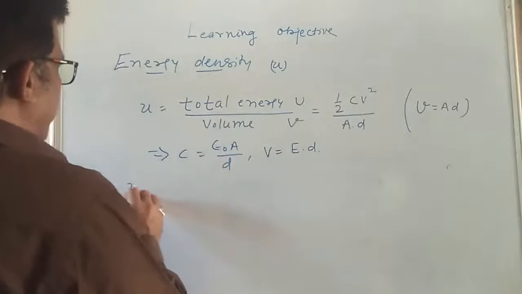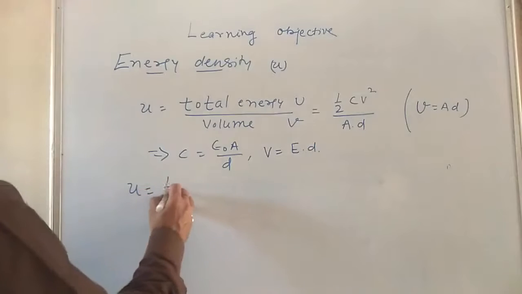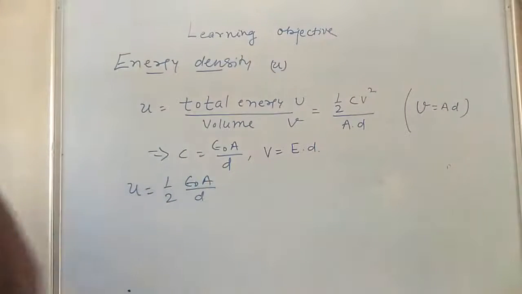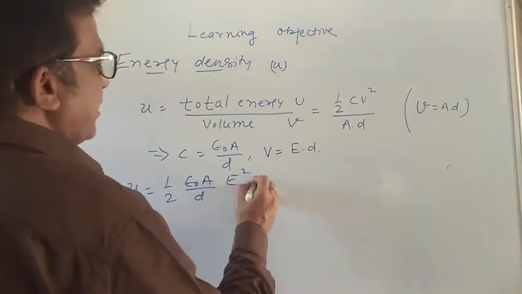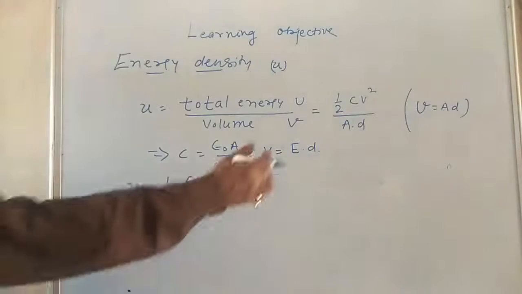Put these values here. What are we getting? So U comes out to be 1 by 2 C epsilon naught A by D, V square, that is E square D square, upon A into D volume.